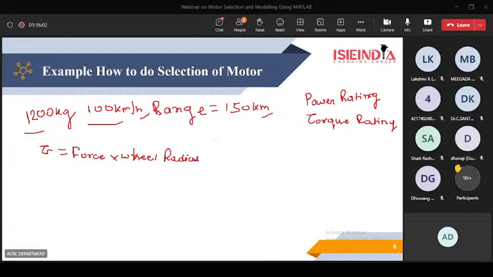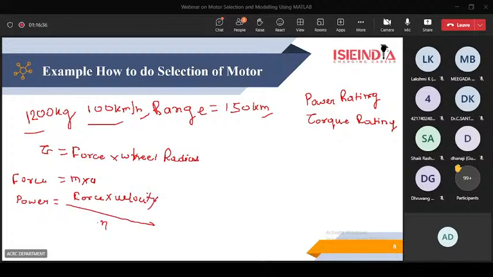The second formula is force, which is mass into acceleration. And the third is power: force into velocity upon efficiency.